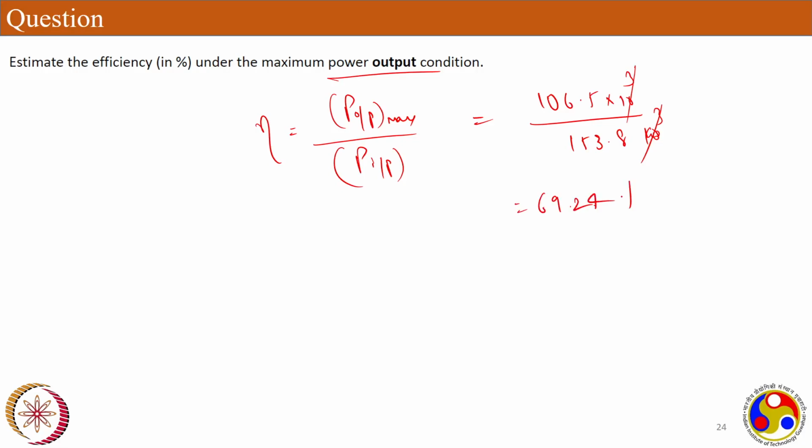Again, a very low efficiency, because of that higher resistance value. It's very impractical. So practically, you will have very low resistances.